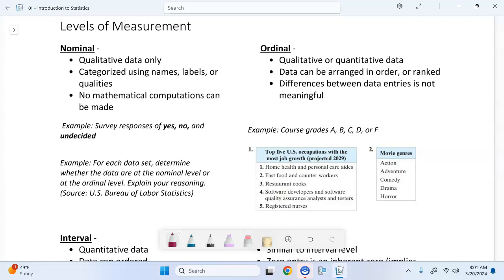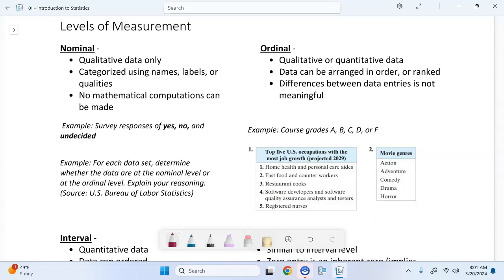I can't compare red and blue. I can't compare yes and no. It's qualitative data that I cannot compare mathematically. So if I have survey responses of yes, no, or undecided, that's nominal data. It's qualitative, and there's no mathematical comparison that can be done.